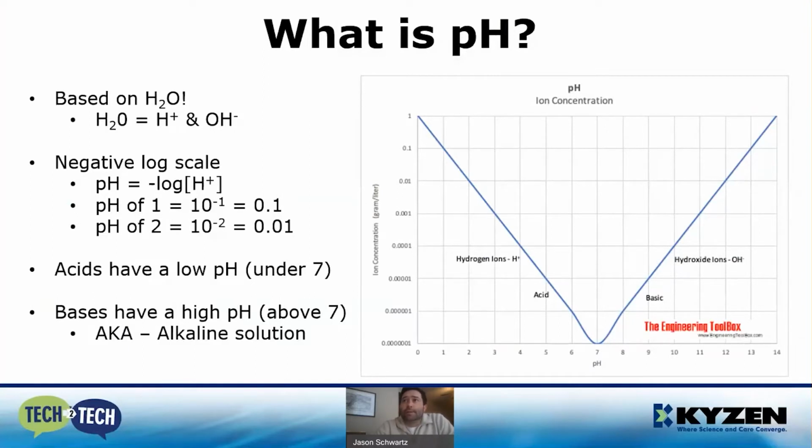So acids have a low pH, under 7. Bases have a high pH, also known as an alkaline solution. And I really like this chart from the engineering toolbox because it does a good job of visualizing that.